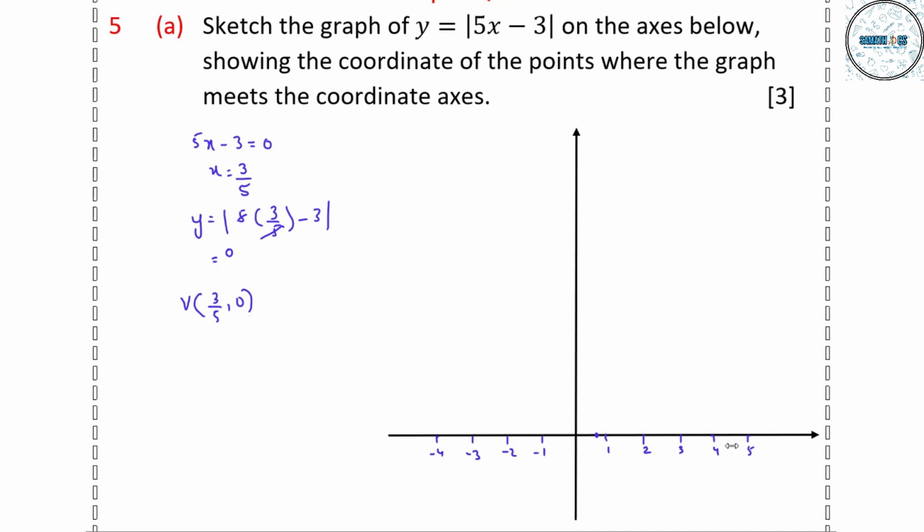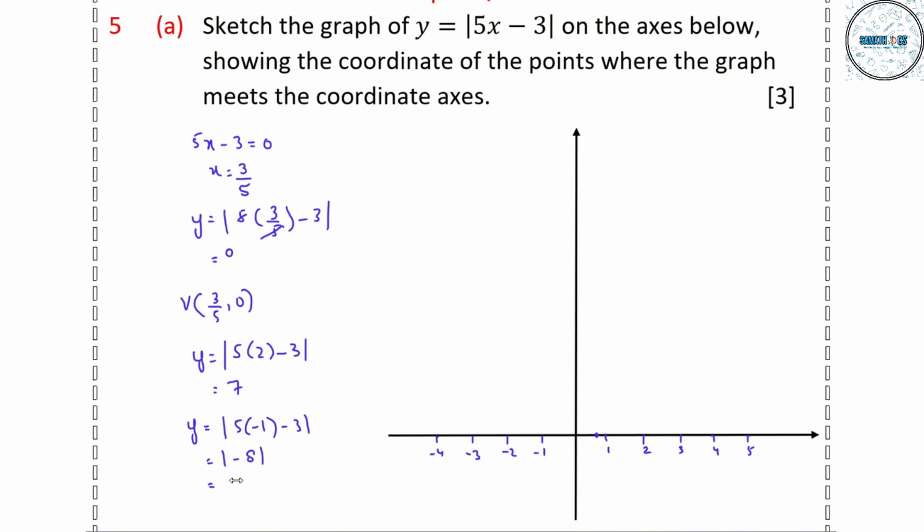For the point on the right-hand side of the vertex, we can take 2. So y is equal to 5 into 2 minus 3, which is 7. Then we can take the value of x as minus 1 on this side of the vertex. So minus 5 and minus 3 would be minus 8.